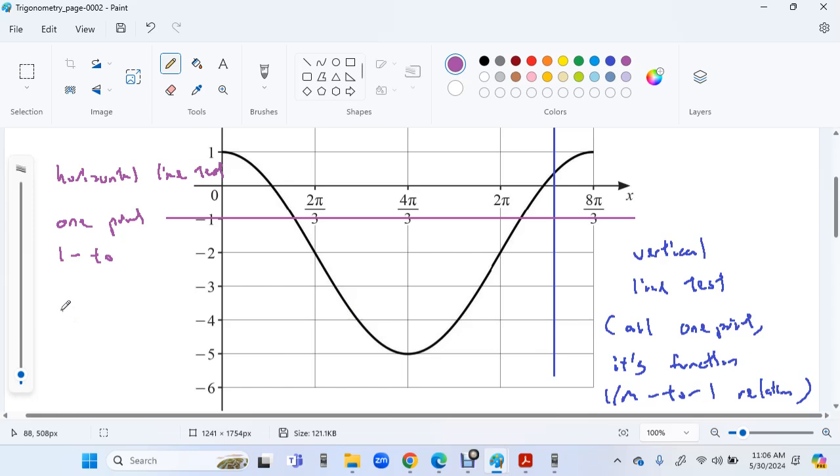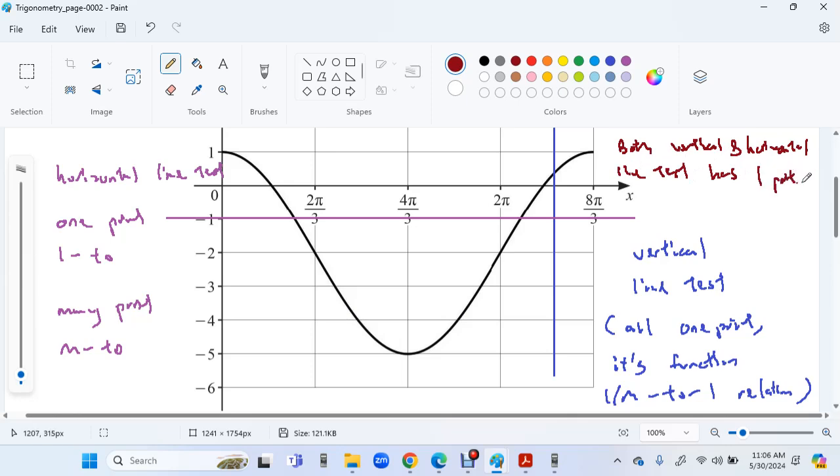Then we have many points, then it is many. Okay, so both vertical and horizontal line tests have 1 point only, then it is 1 to 1 function.